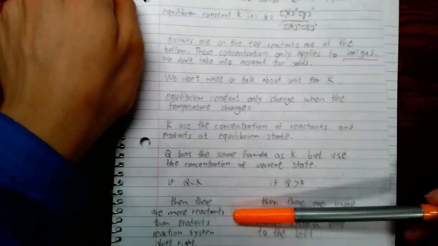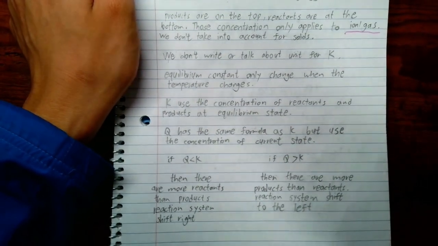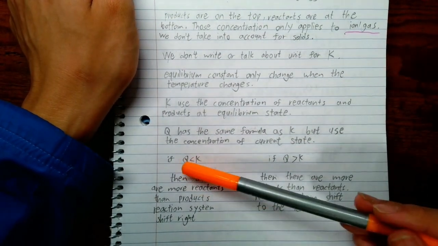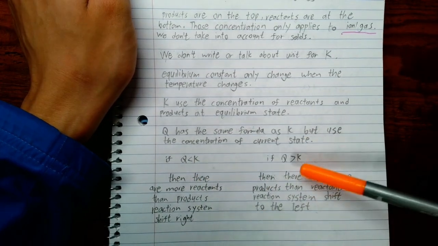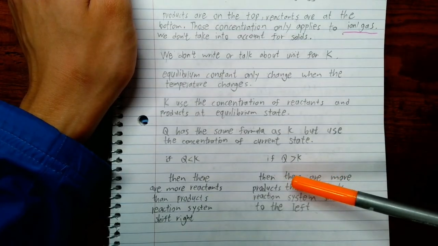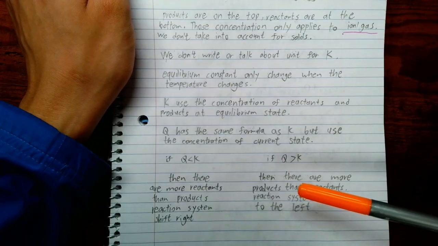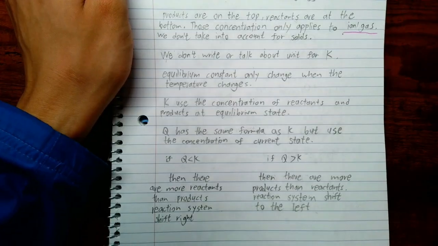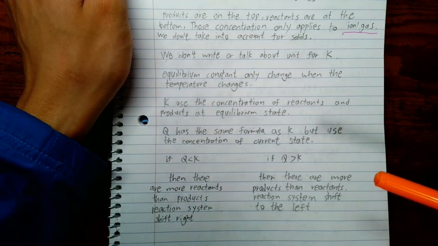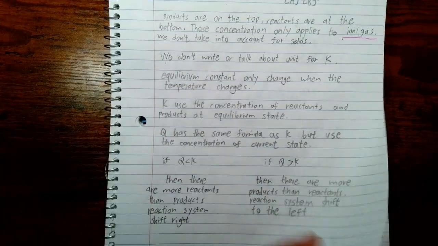The reaction will shift to the right side to produce more products and use up reactants to make Q equal to K and complete the reaction. On the other hand, if Q is greater than K, that means there are more products than reactants compared to the equilibrium state of the reaction. So the system will shift to the left to use up the excess product and produce the missing reactants.